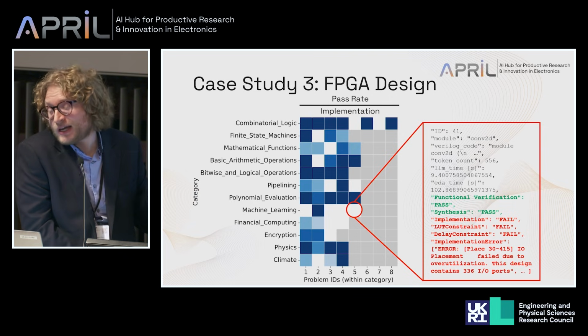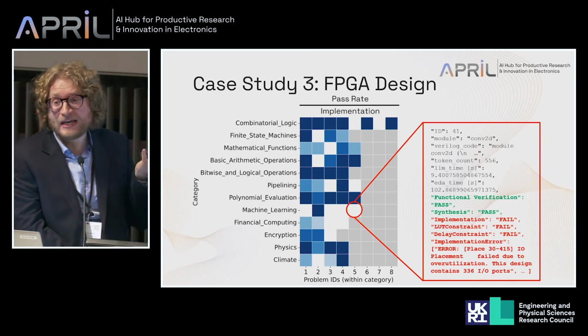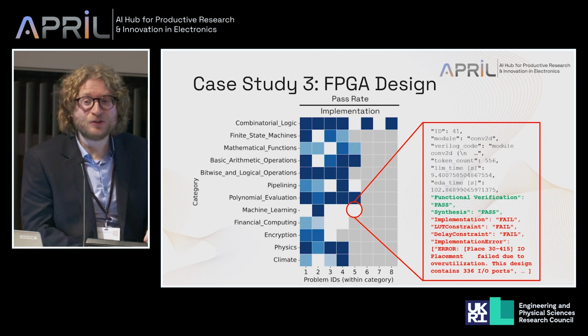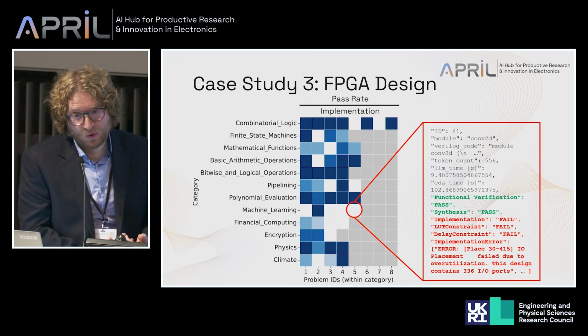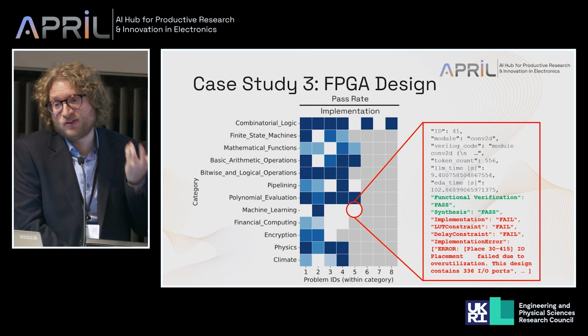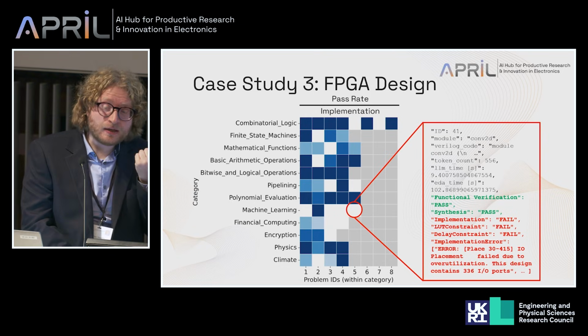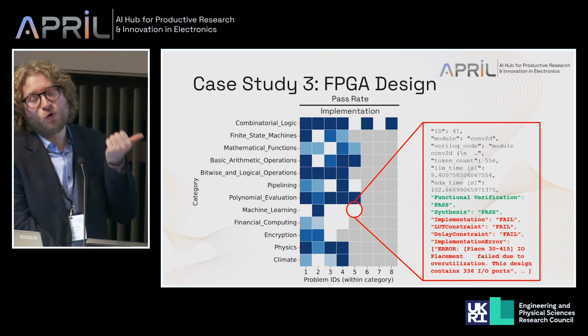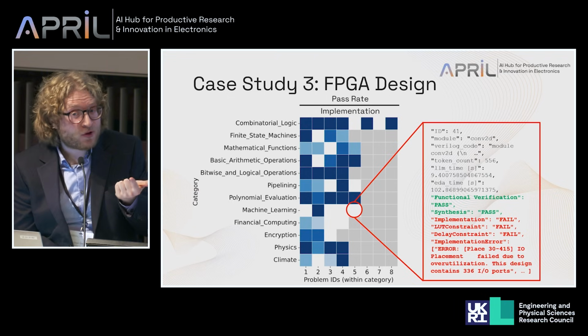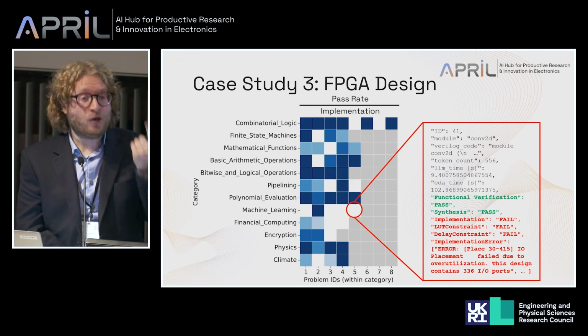And in this specific case, the problem was with the placement. We were asking for too many input and output ports with respect to those available on the FPGA. So this is a message to say, either you reconceive your design to satisfy the I/O count, or you need to take a more powerful FPGA that has more I/O count.